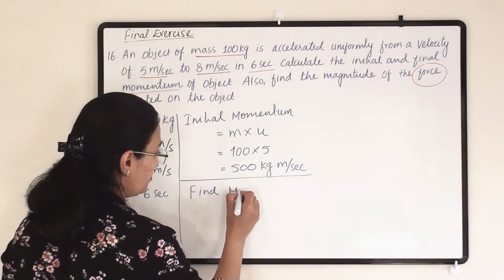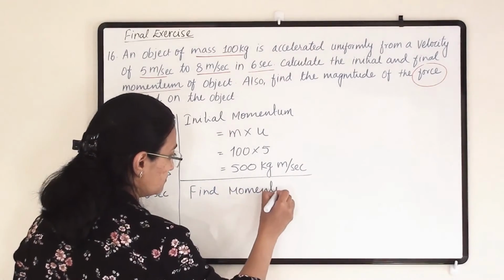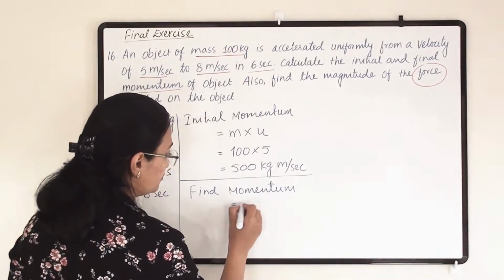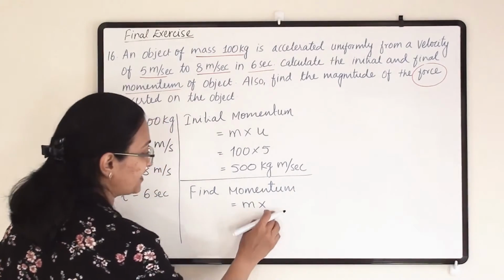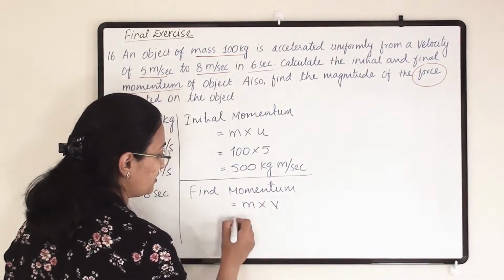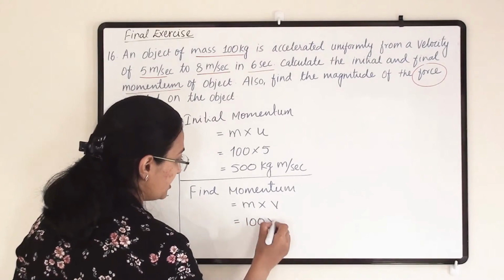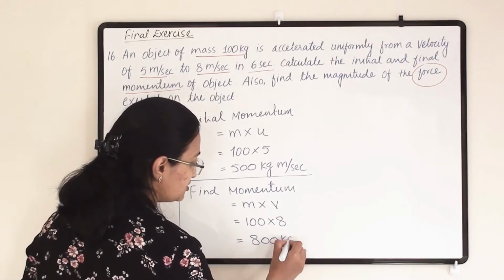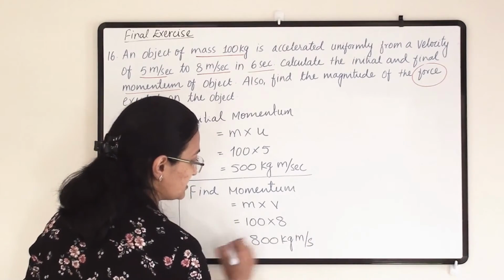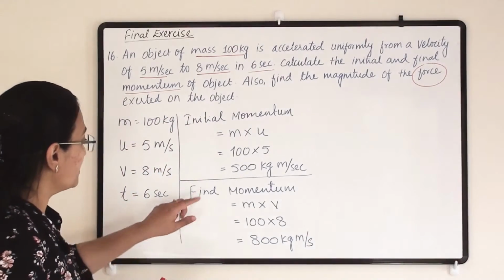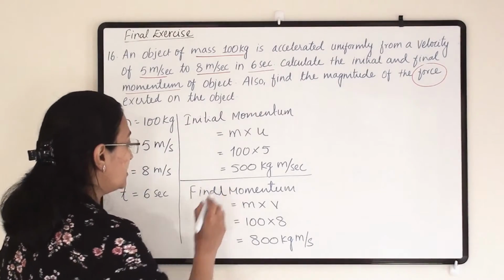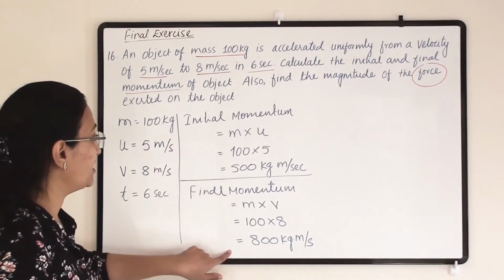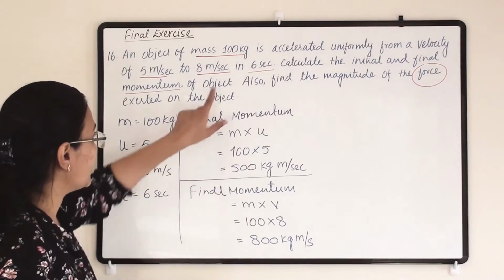So final momentum equals m into final velocity. So that is going to be v. So here 100 into 8 equals 800 kg meter per second. So we have found out here initial and final momentum. So these are two answers as they asked.